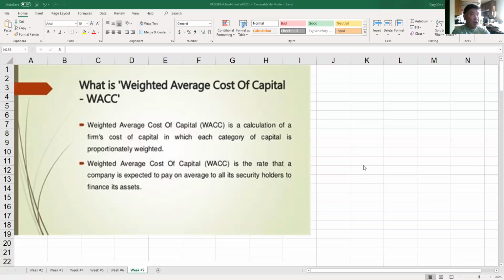The weighted average cost of capital is the interest rate, or the cost of borrowing. So if we come up with a number, let's say equal to 10%, then that means this company is borrowing money at 10%. So why is that important?